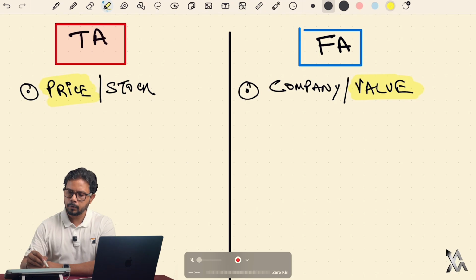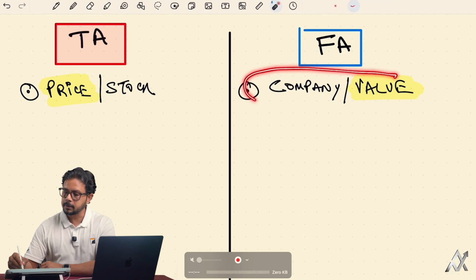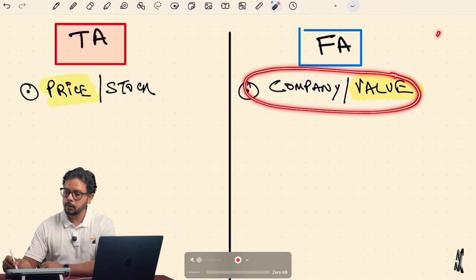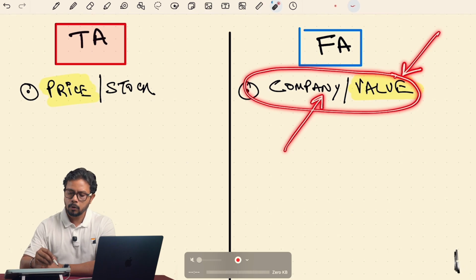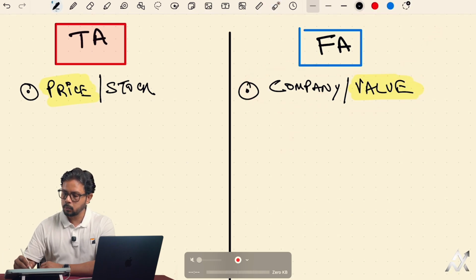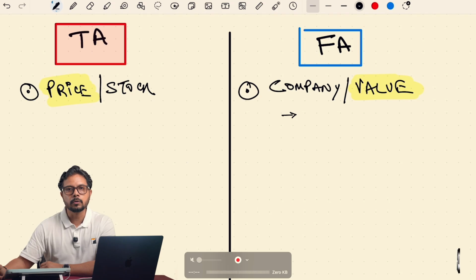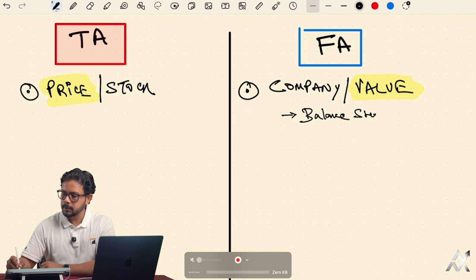Let's talk from the point of view of the fundamental analyst, the researcher, who's trying to figure out the value of the company using company analysis. Now, what goes inside company analysis? What does he or she look at? We'll look at the balance sheet, the profit and loss numbers.